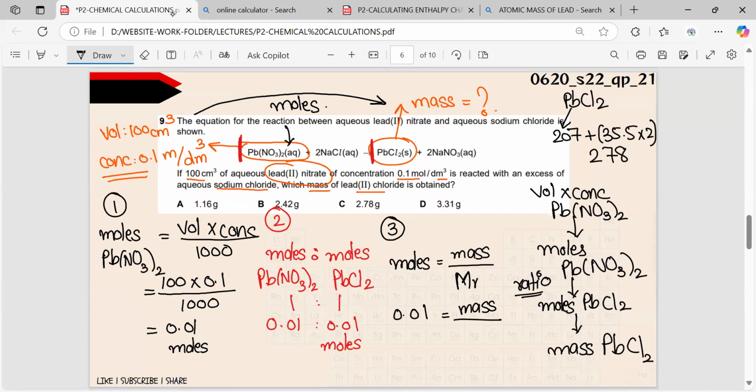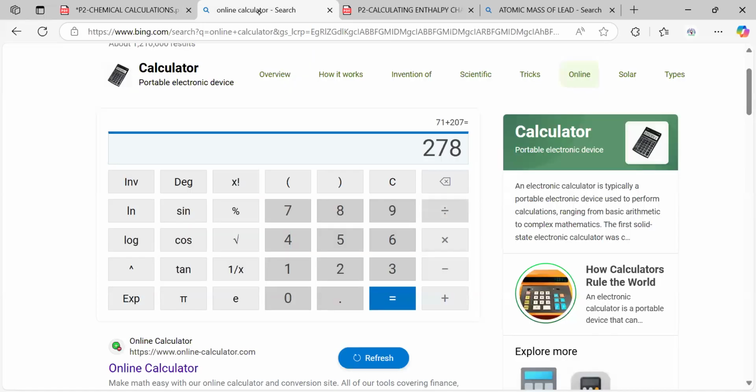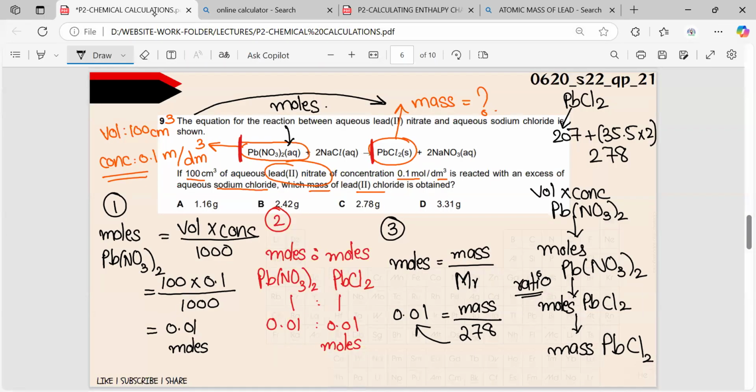So the molecular mass of lead chloride is 278. We'll take it on this side and multiply it with 0.01. And the answer comes out to be 2.78. The answer is C, 2.78. Now, I hope you get these steps, and when and how you will do them.